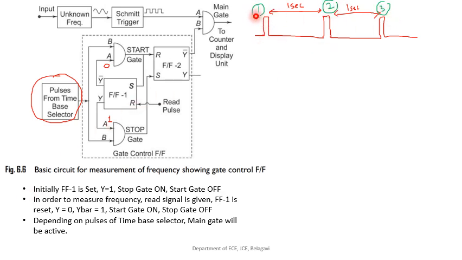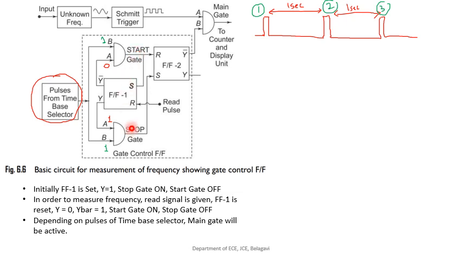So at instance 1 here, let us say what happens. When you are at instance 1, you will get 1 here, also you will get 1 here. So at instance 1 you will get 1 here as well as you will get 1 here. So currently your start gate, one input of the start gate is 0, so this start gate will be inactive.